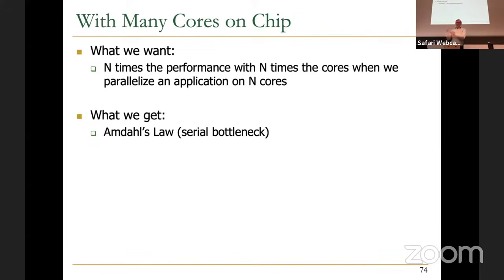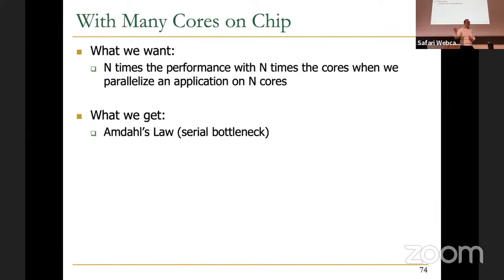Now, the problem is not just Amdahl's law. Amdahl's law is very optimistic. It's a nice way of thinking about it. It's a model, right? It's a model of thinking. Not all models are always accurate, but they can be very useful. Amdahl used his model to argue that we should really be focusing on single processors.